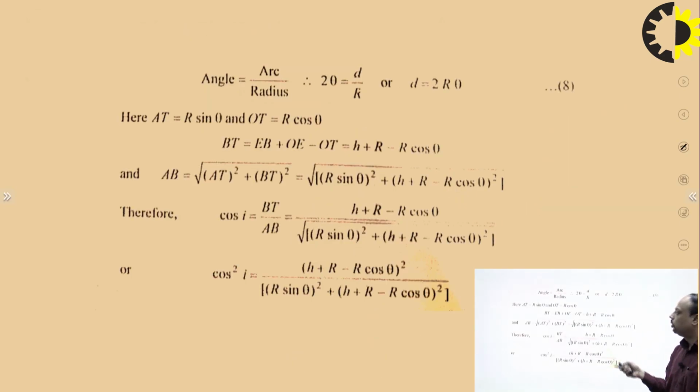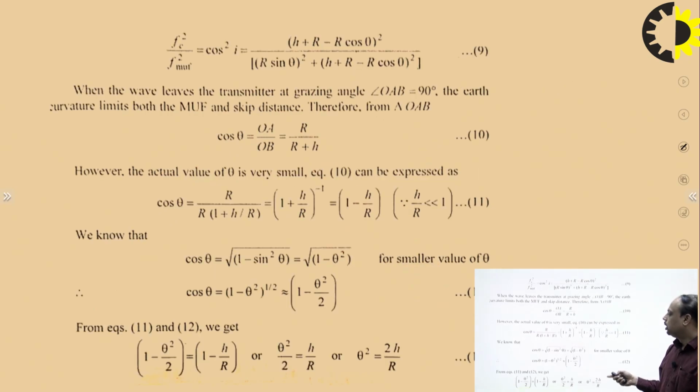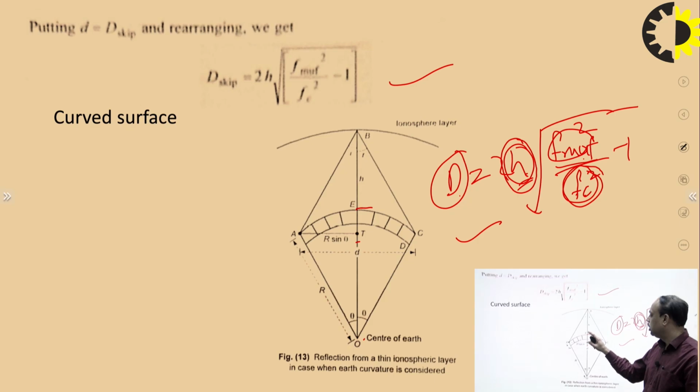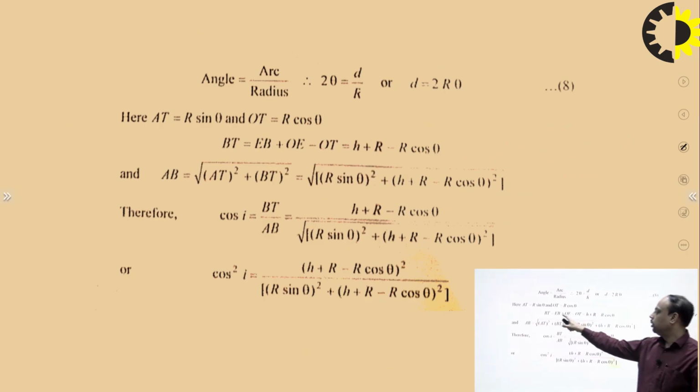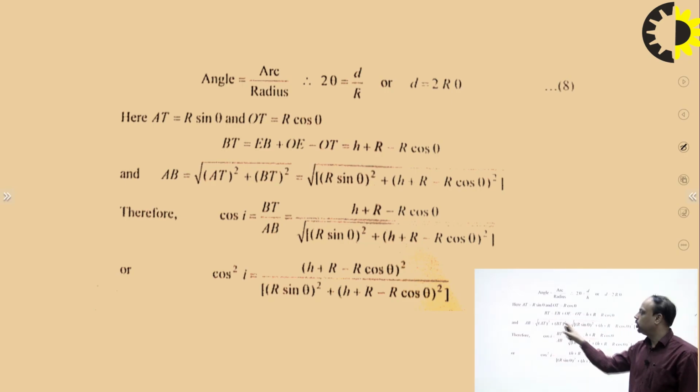So what we have to calculate is the height of the ionosphere BT, which is equal to EB plus OE minus OT, that is H, the height of the ionosphere, plus the radius of the earth minus R cos theta. So this is the equation of BT.